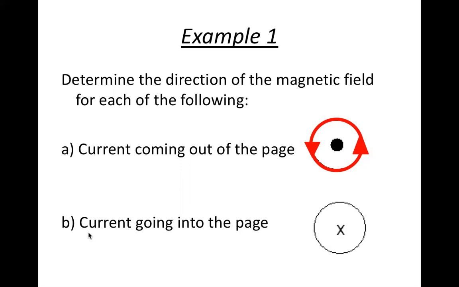So let's try the other one. The current is going into the page. We use an X to show that. I remember that as the back of an arrow: if you had a bow and arrow and the arrow was heading away from you, you would see the feathers, which form an X. So away from you, into the page, is an X. You take your thumbs up and twist at the wrist so that your thumb points to hit the screen.